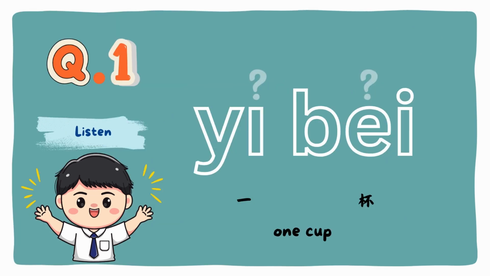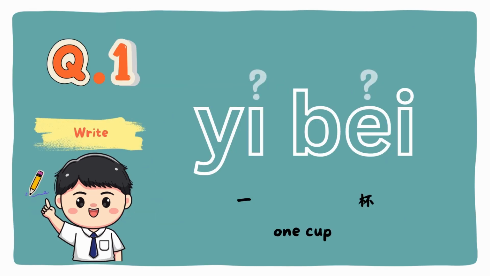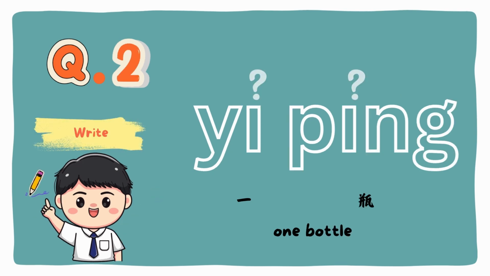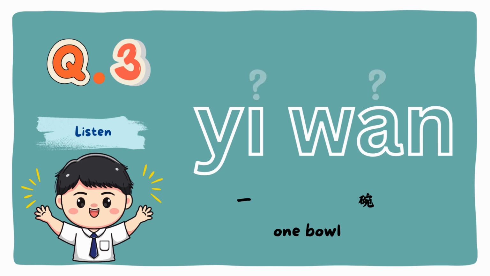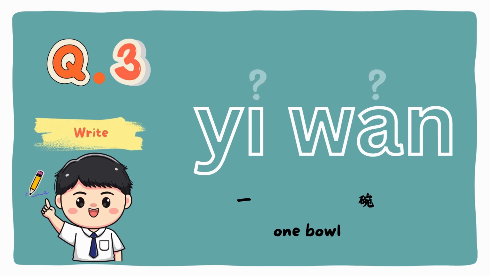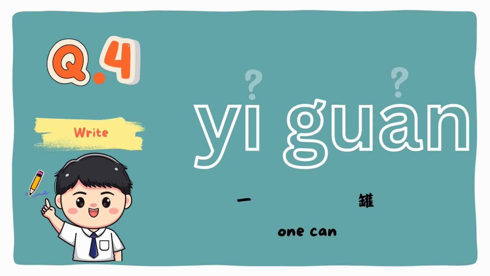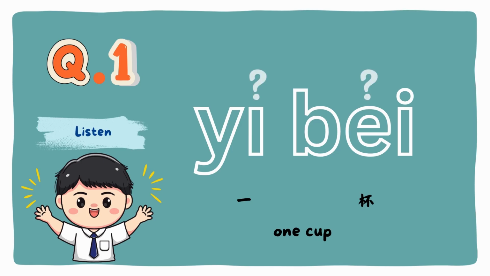一杯，一杯，一瓶，一瓶，一碗，一碗，一罐，一罐。Let's check out the answers. The first one, 一杯.